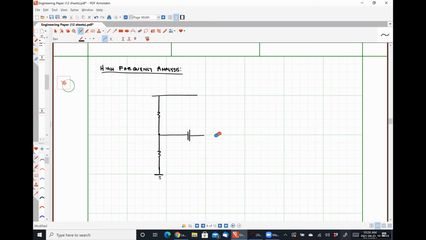Here's RD, here's R1, here's R2. I am intentionally putting in a signal resistance here as well, like we did before.